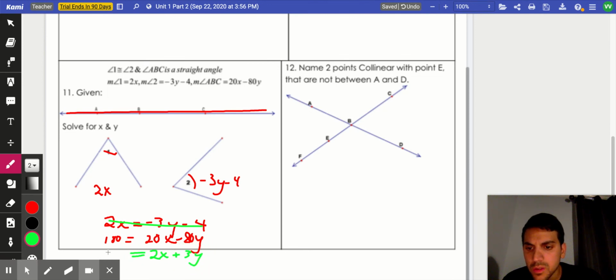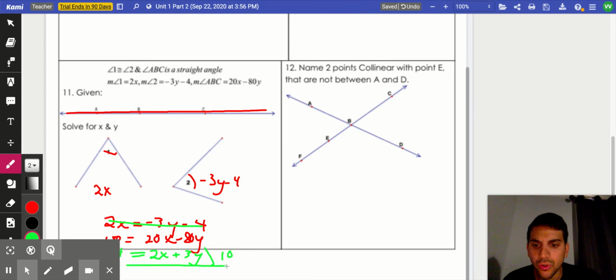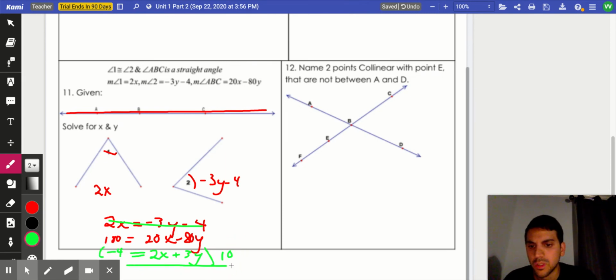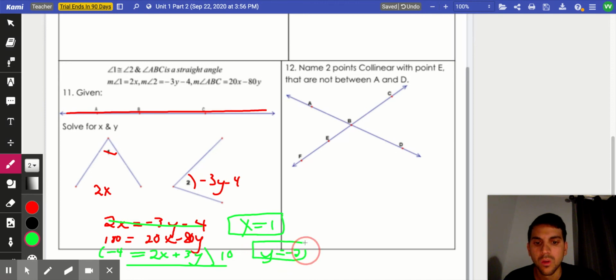And you know how to do this, right? You want to cancel out one of these. I think your teacher multiplied this by 10, and she was able to determine that x is equal to 1. And then y is equal to negative 2. Okay, so plug it in. This is solving linear equations. You know how to do that.